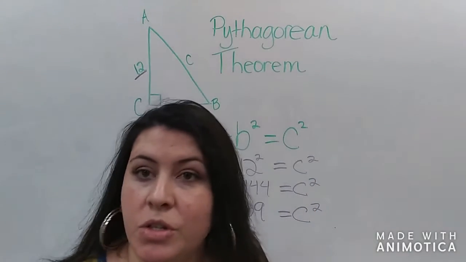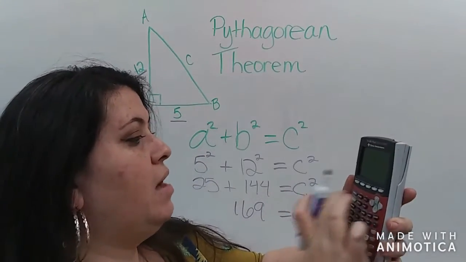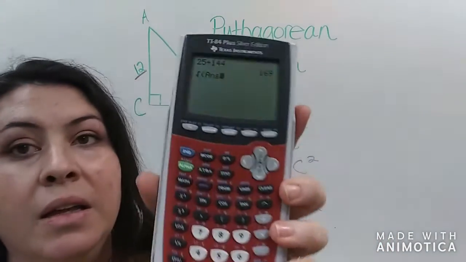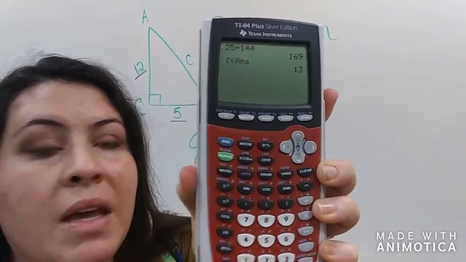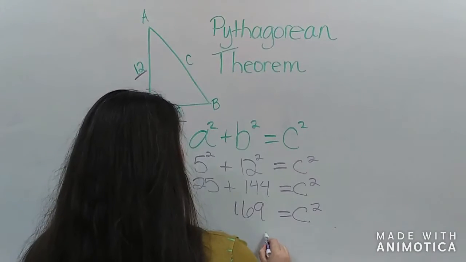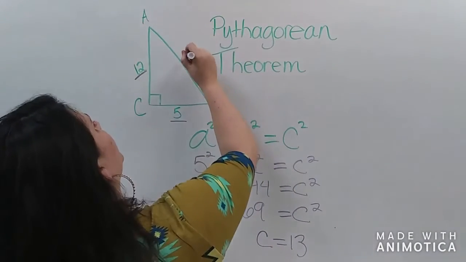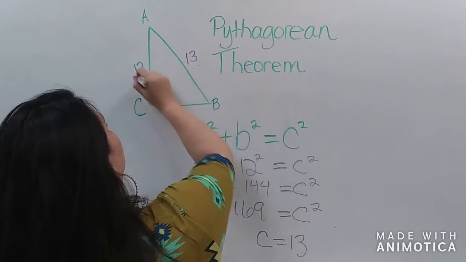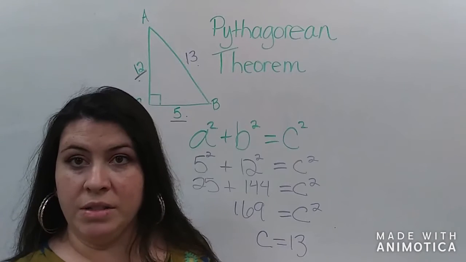Now, if you happen to know the square root of 169, great. Let's ask the calculator. Second, square root of the answer is 13. So, C is 13. And I have completed the solution for finding all sides of the triangle.